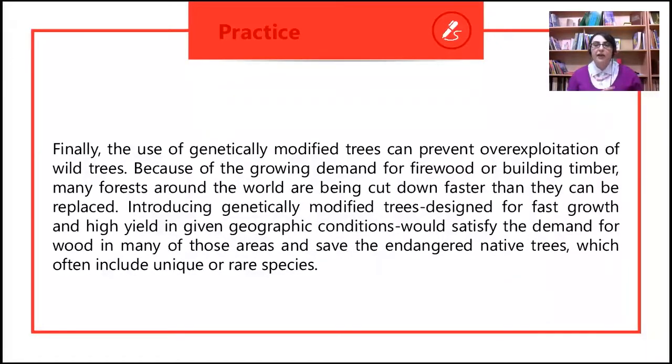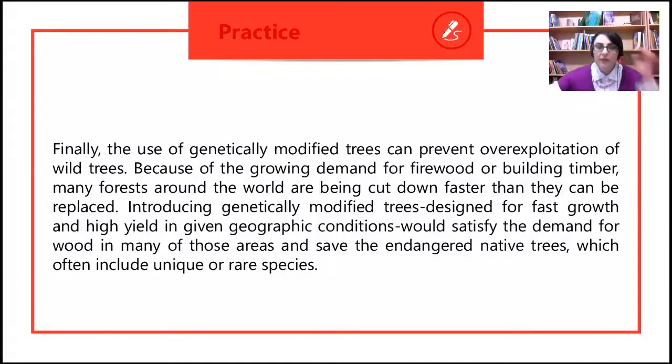Do not go through it thoroughly because there you won't find any important information. But let me read it for you. Introducing genetically modified trees designed for fast growth and high yield and given geographic conditions would satisfy the demand for wood in many of those areas and save the endangered native trees, which often include unique or rare species.